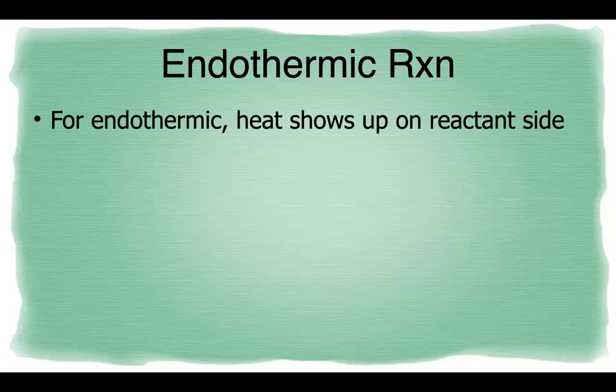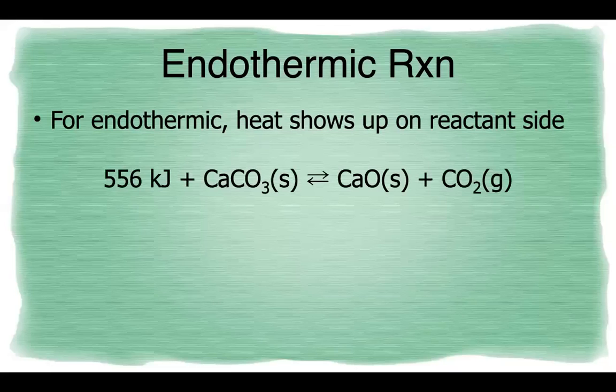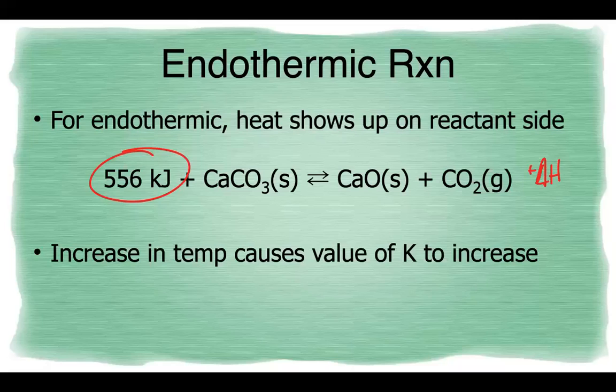For an endothermic reaction, heat is always on the reactant side. So again, we have heat on the left-hand side, or we could have a positive delta H separate from the chemical equation. Increasing temperature is going to cause the value of K to increase, because if we increase temperature, it's going to shift to the right to use up that energy that's here.